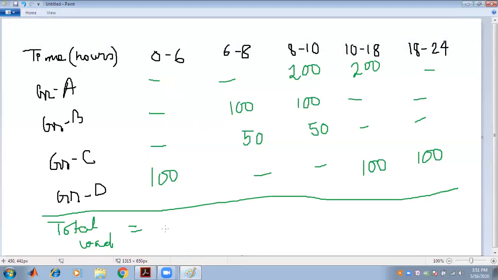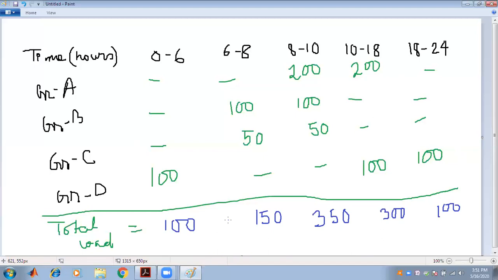So for this part, this is 100 kilowatt. This one is 150 kilowatt. Just summing, this one is 350 kilowatt. This one is 300 kilowatt. And this one is 100 kilowatt. So just summing up that total load demand of the power station.